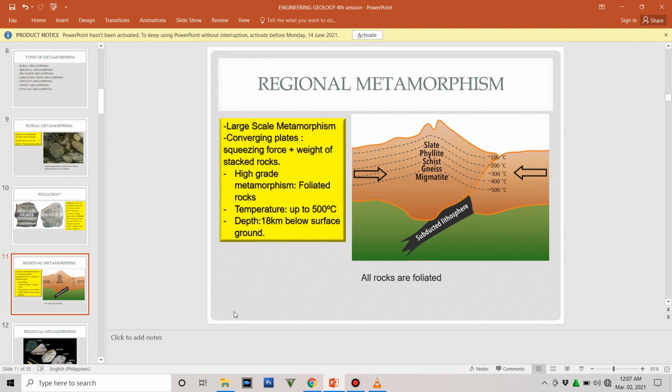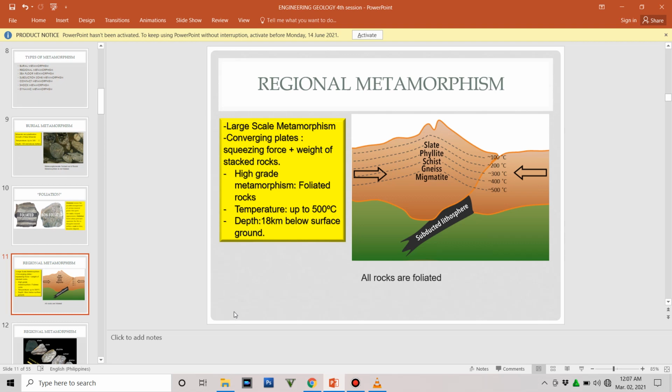Therefore, if we have a depth of 18 kilometers below the ground surface, the temperature is estimated up to 500 degrees Celsius. So regional metamorphism could be low grade, medium grade, and high grade metamorphism. Again, as we go deeper, the higher the grade of metamorphism.